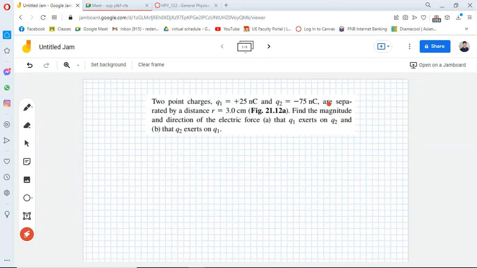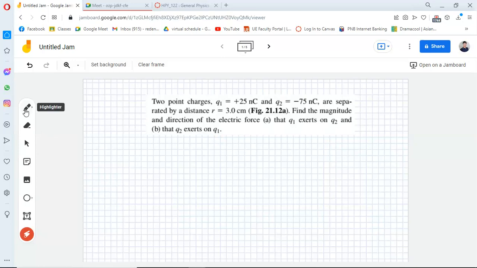So they are unlike charges, so the tendency is that they would attract each other, separated by a distance r of 3 centimeters. Find the magnitude and direction of the electric force that Q1 exerts on Q2 and that Q2 exerts on Q1. So we are going to find these individual electric forces.